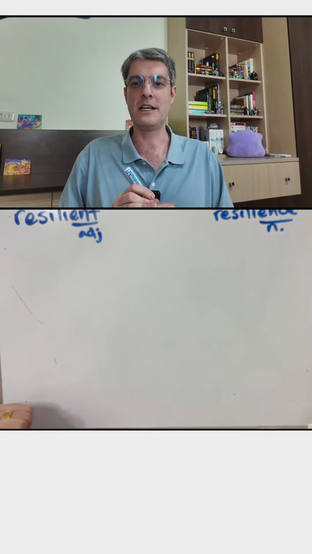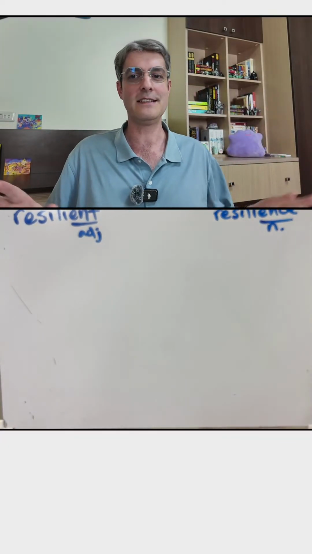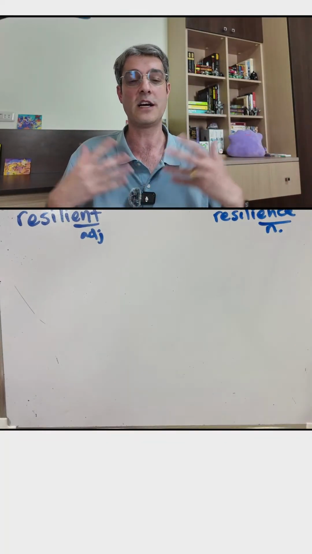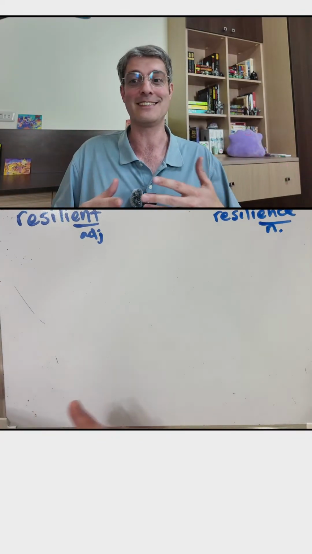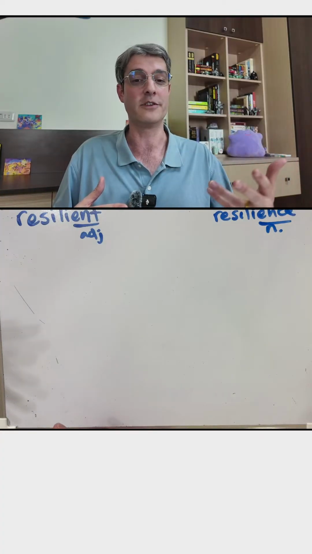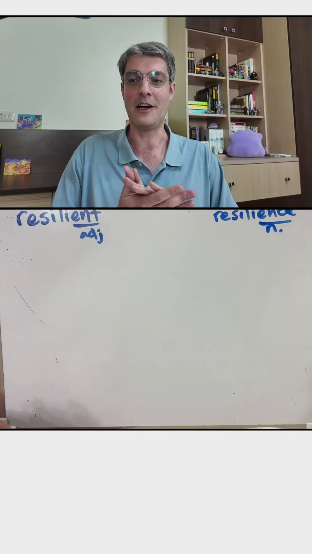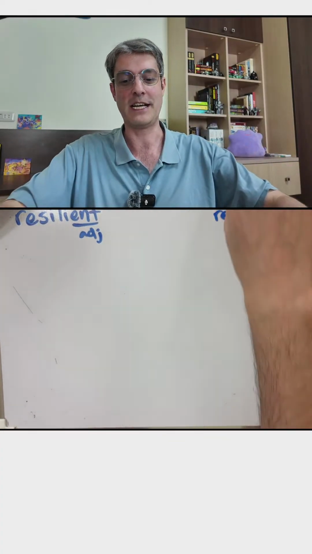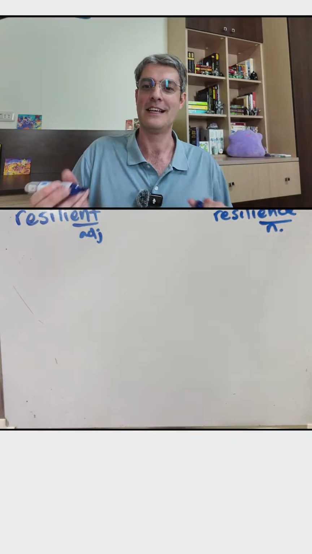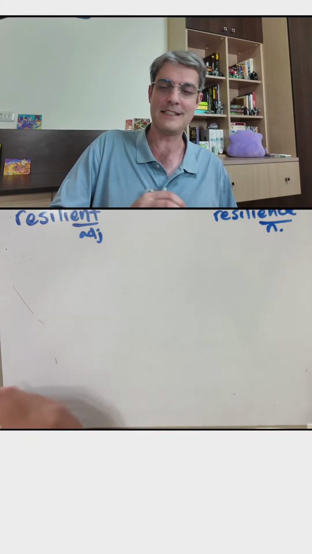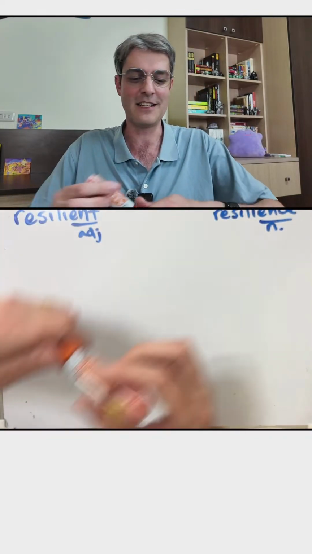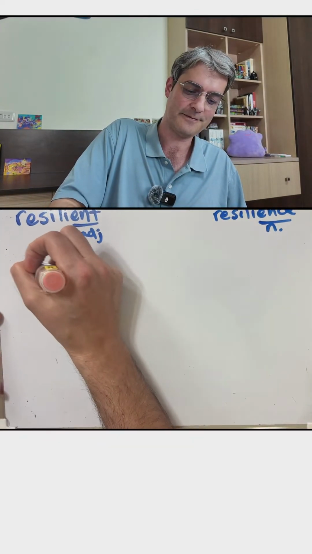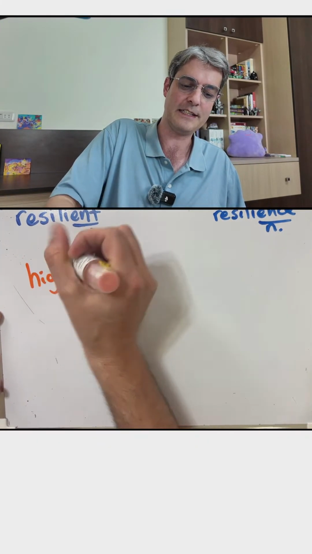All right, so when we're talking about being resilient, it means to be able to recover quickly from a difficulty. And resilience is just the ability to recover or get better from any challenge, right? Or illness. So often, instead of saying very resilient, we'll use the collocation highly, to be highly resilient.